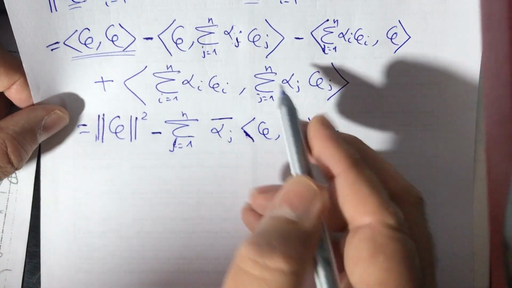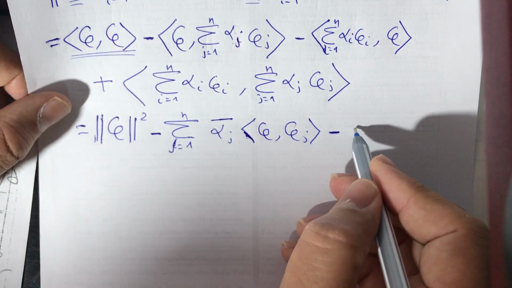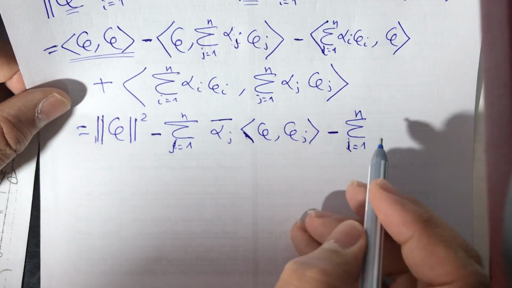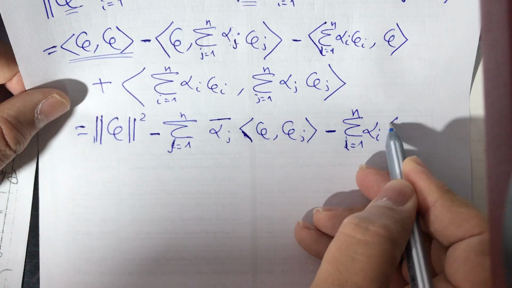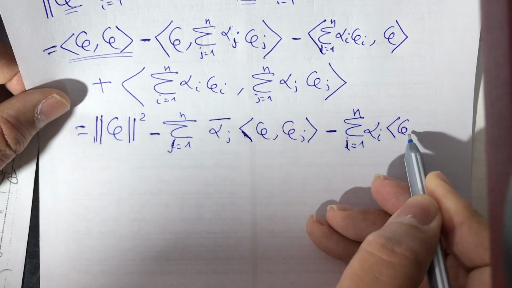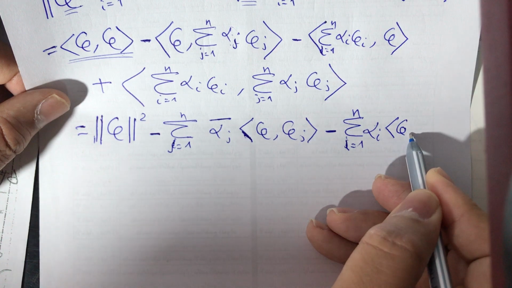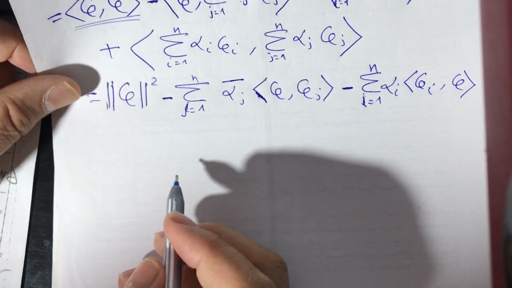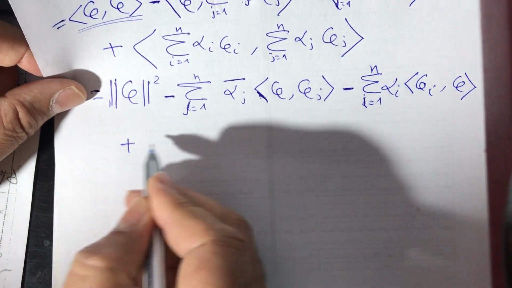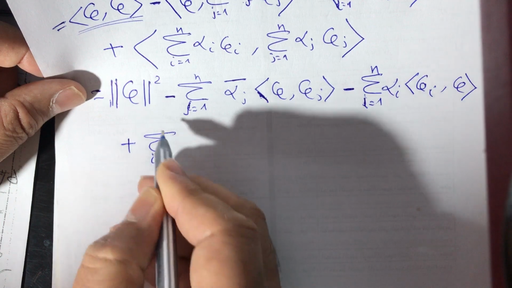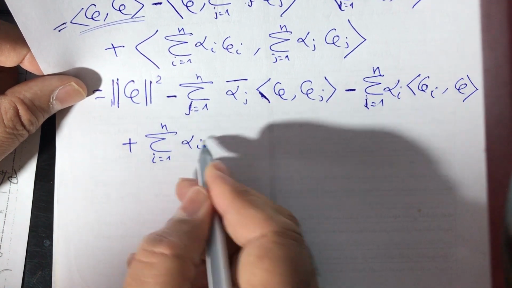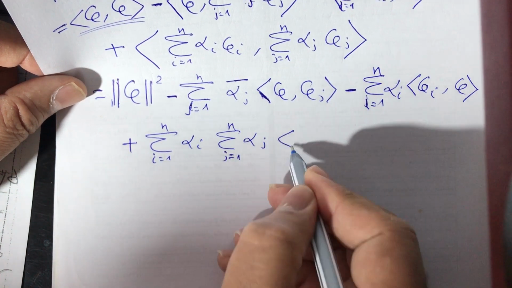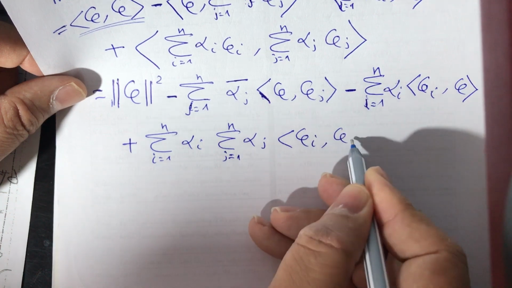Minus summation i from 1 to n alpha i, without conjugate, phi, plus summation i from 1 to n alpha i summation j from 1 to n alpha j, and this is the inner product of phi i and phi j.